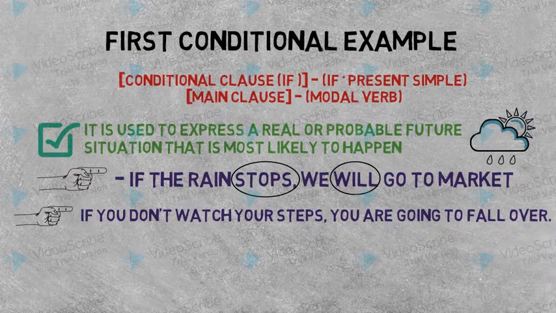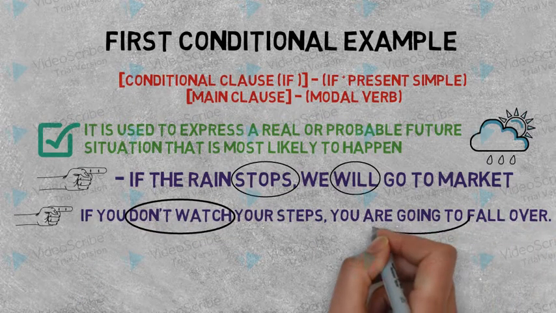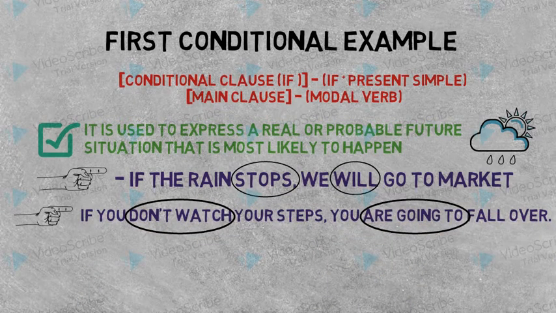Here you can see don't watch is the present simple and are going to is the other type of modal. In the first conditional, we can use modals to talk about possibility, permission, suggestion, prediction in the main clause. Here we are using possibility in the first example and the prediction in the second example. So I hope this is clear.